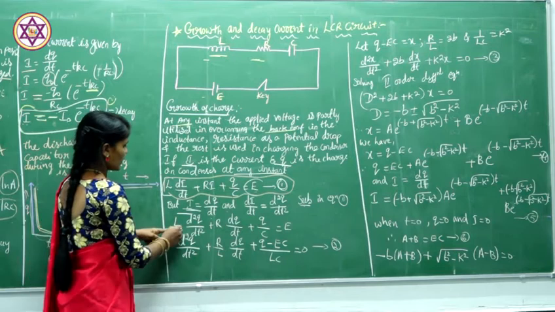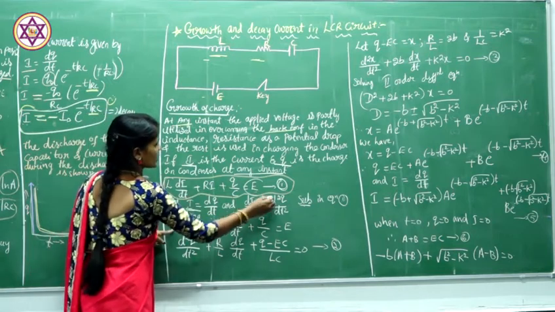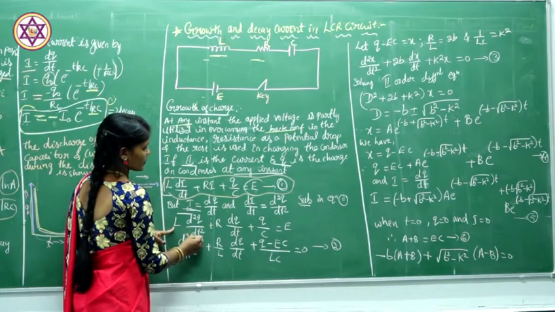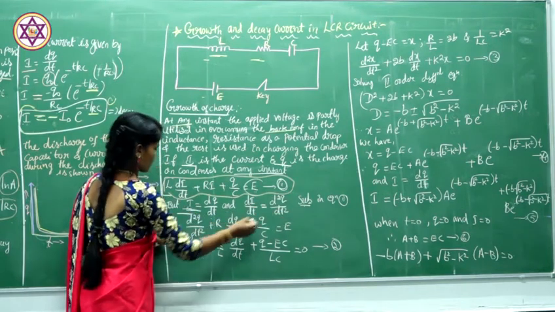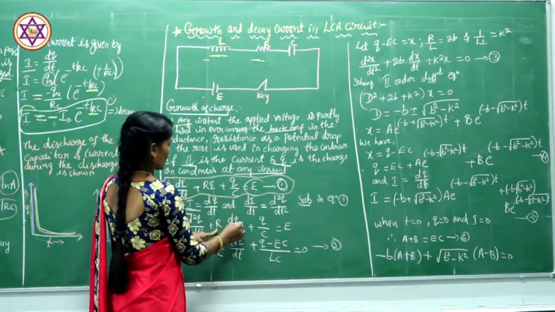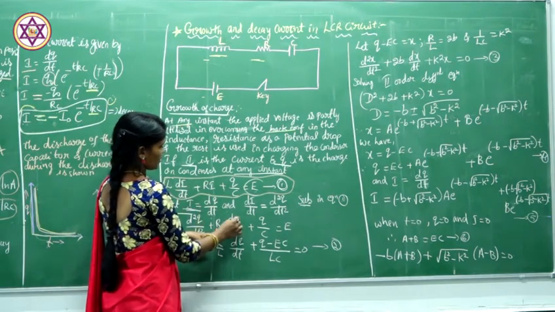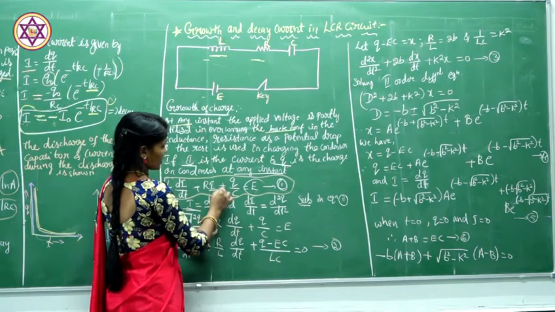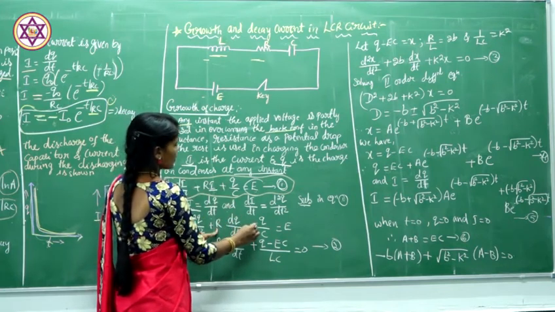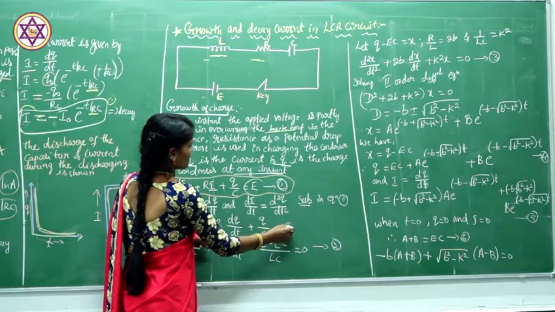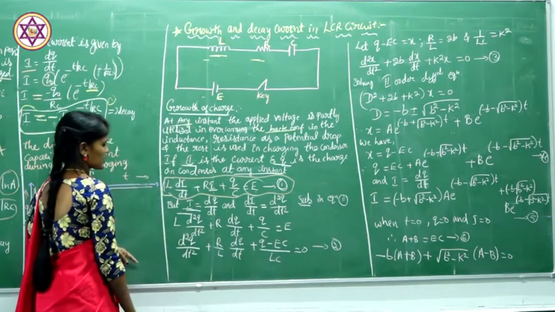So L into di by dt becomes L d square q by dt square, plus R into I, where I is dq by dt, plus q by C, which is equal to E, the EMF.